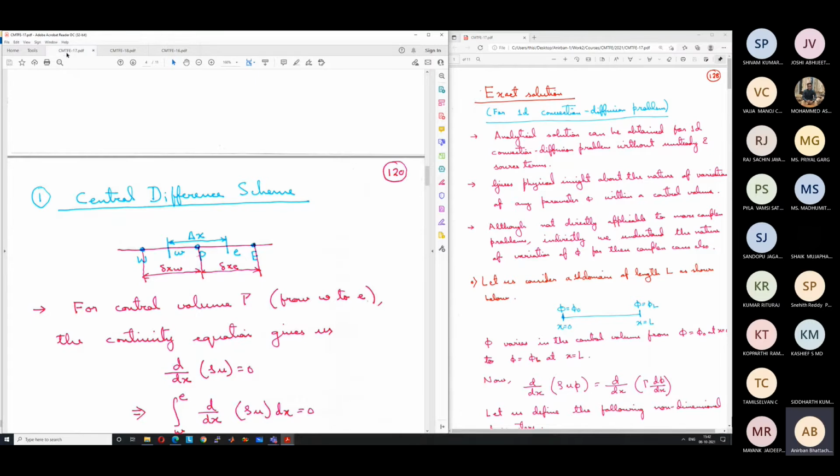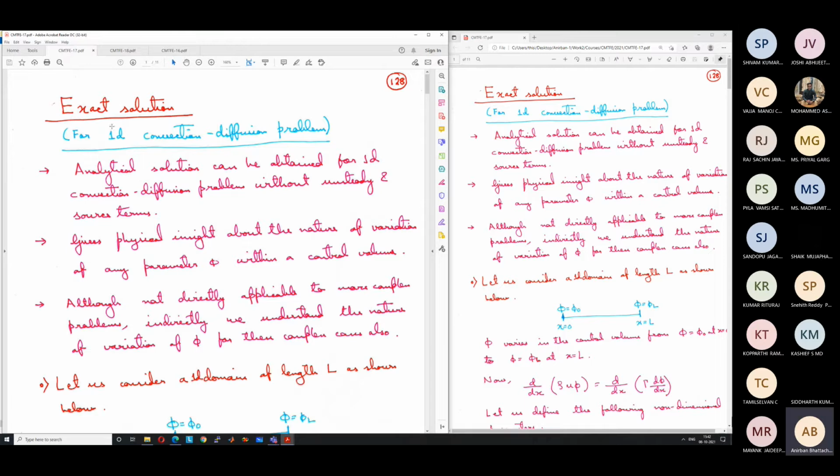Luckily for us, we will see that we can actually derive an analytical solution if the problem is one-dimensional and without the unsteady and source terms. So for a one-dimensional steady-state problem without source term, we can derive the full solution analytically and directly find out the variation.